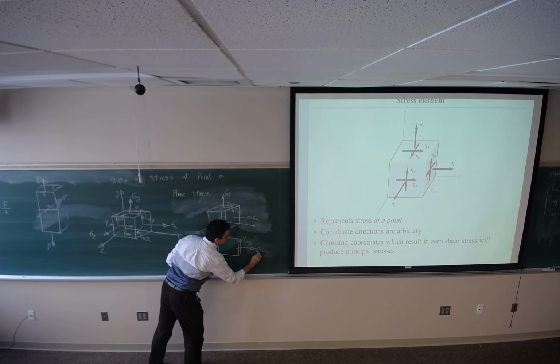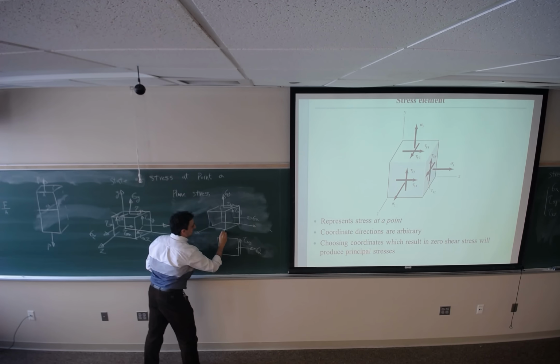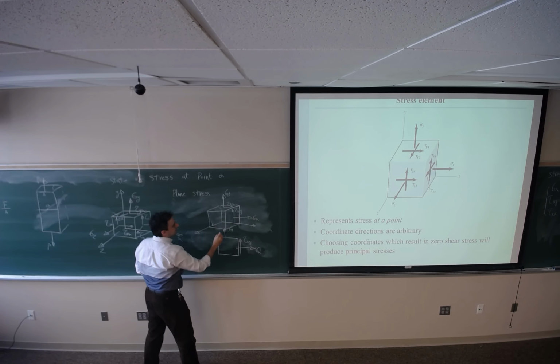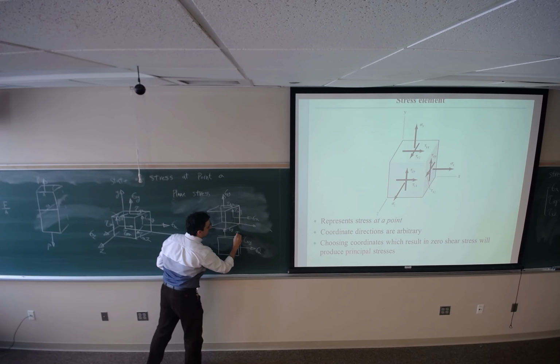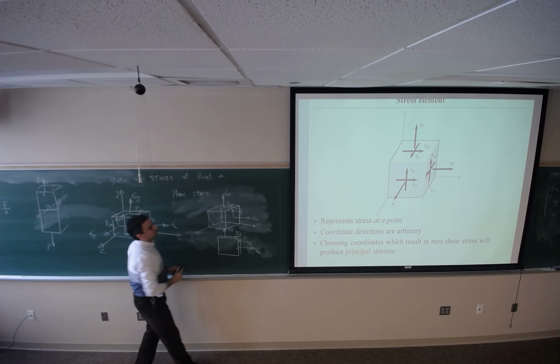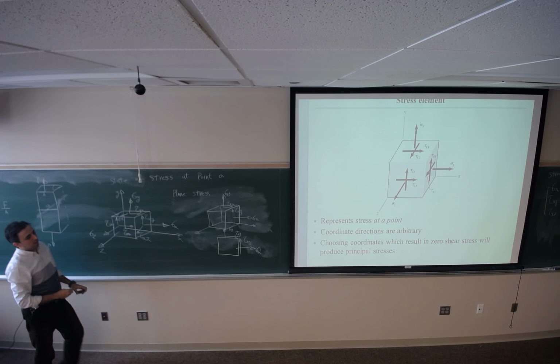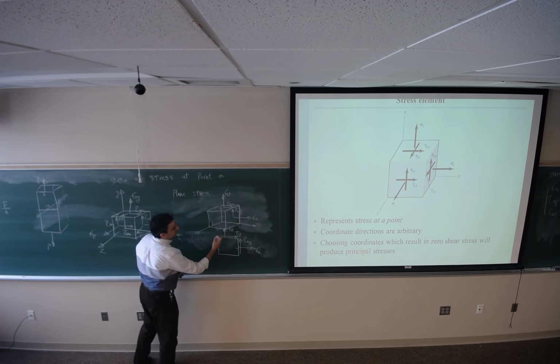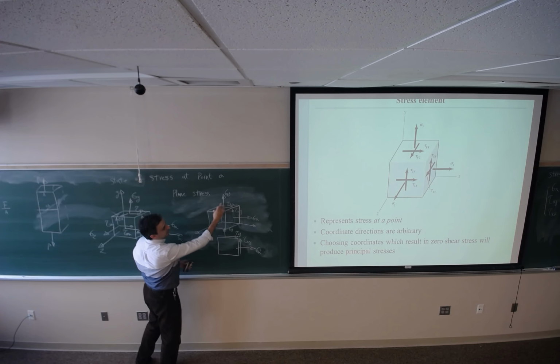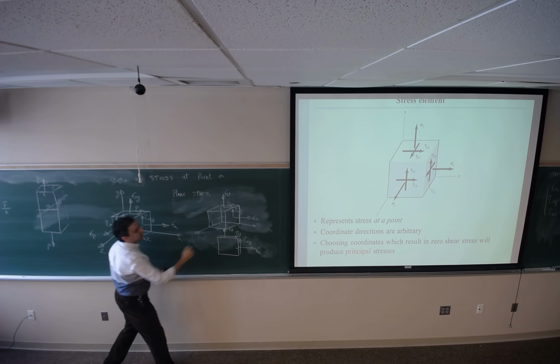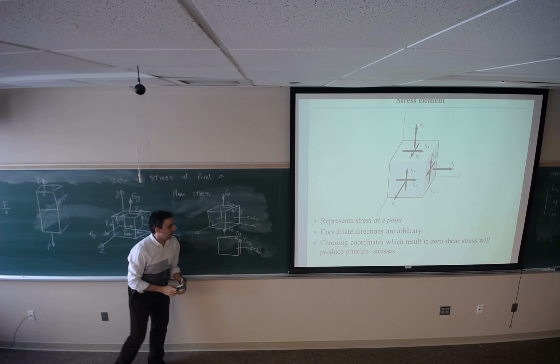Sigma x. Sigma y, I will see this, and I will see tau xy or yx, which are the same. So if I have plane stress, I can represent the state of stress or stress element with one square, with these terms applying to the sides.